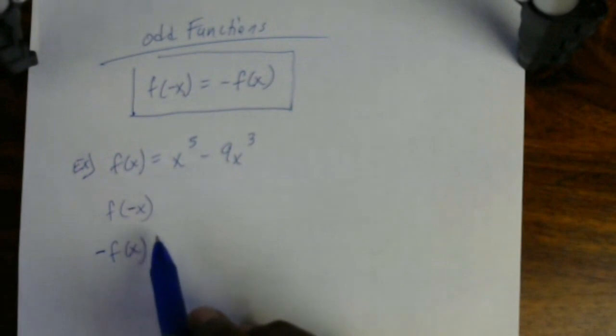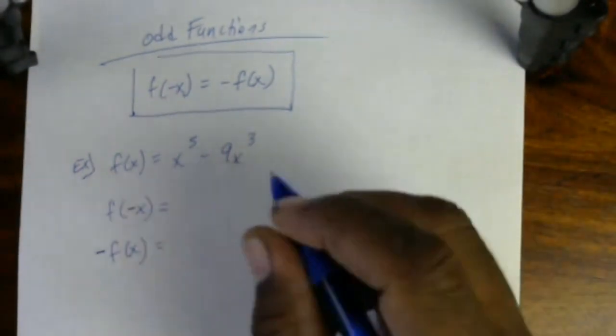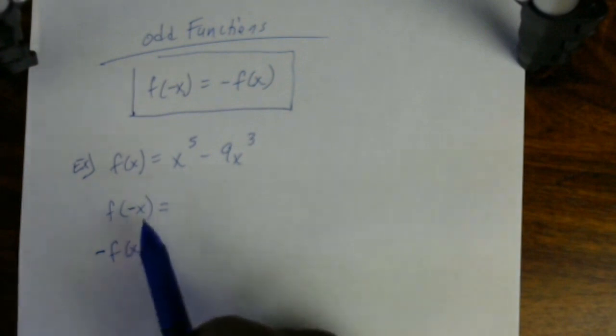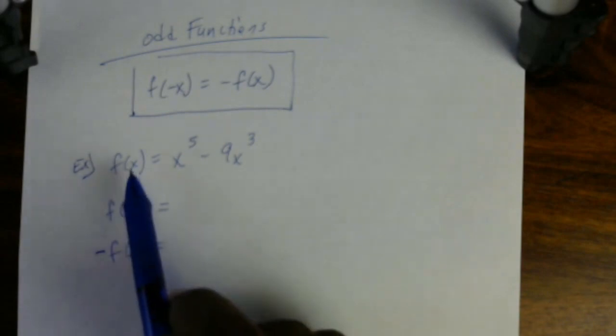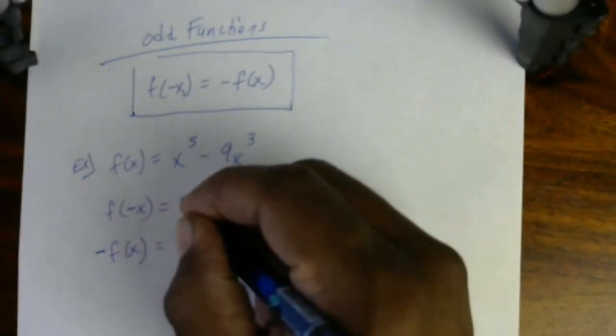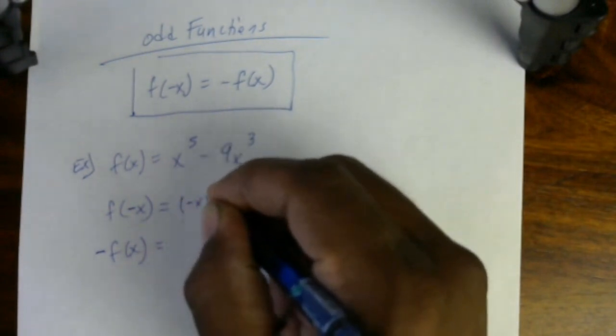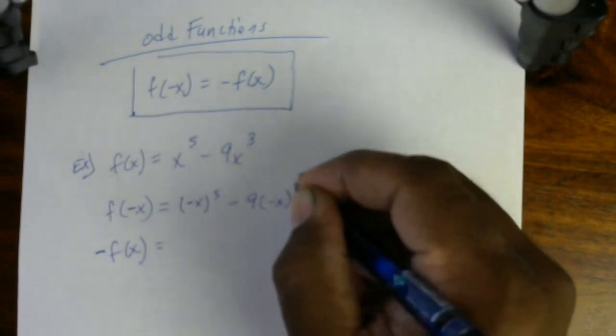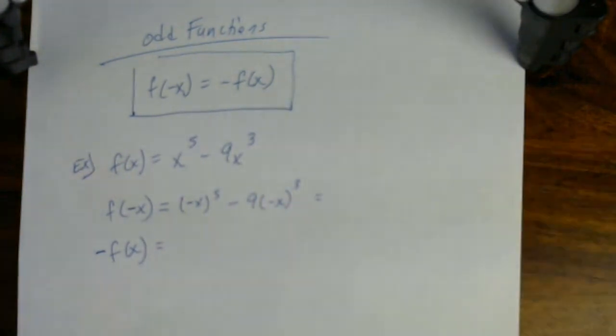And if these two are equal, then we have an odd function. All right, so how do we find f of negative x? Well, we'll go back to our f of x equation, and wherever we see an x, we're going to replace that with a negative x, and then we're going to simplify.